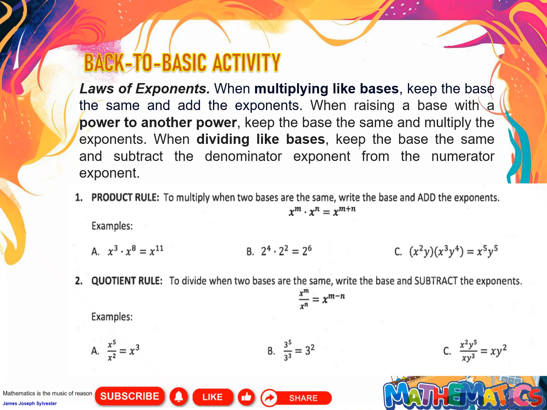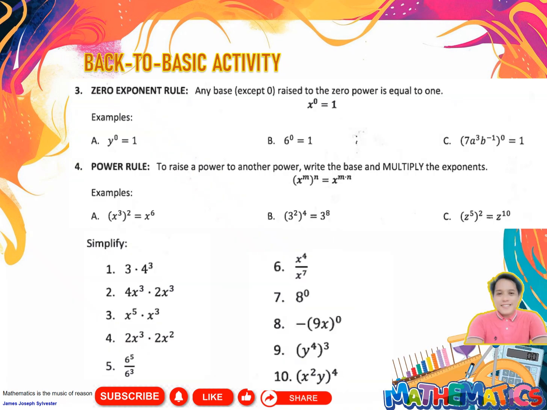From the given examples, all the examples copy the common base and subtract the exponents. Number 3, we have the zero exponent rule. When we encounter the zero exponent, the answer is always 1. The power rule, to raise a power to another power, just multiply the exponents.